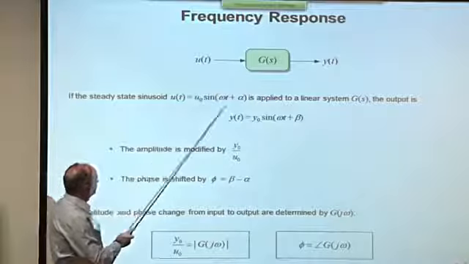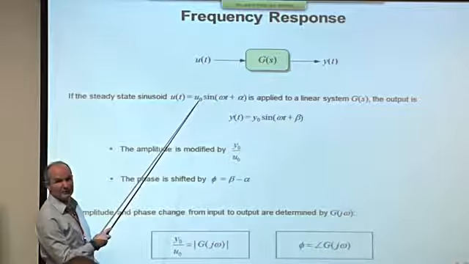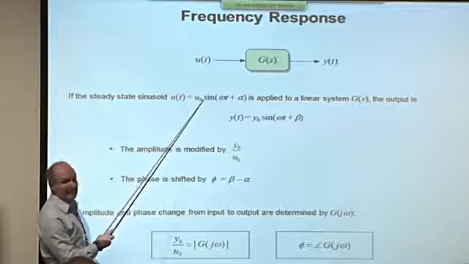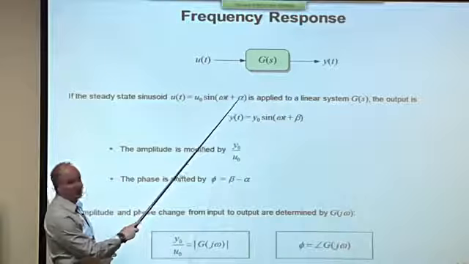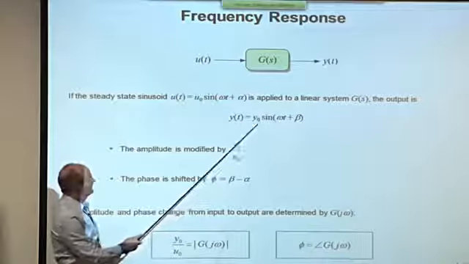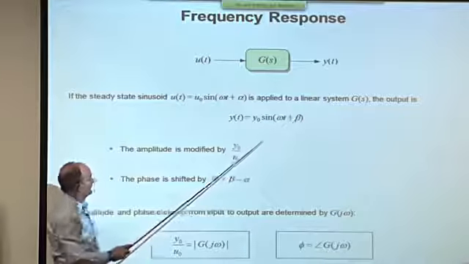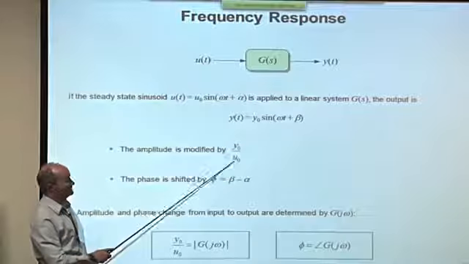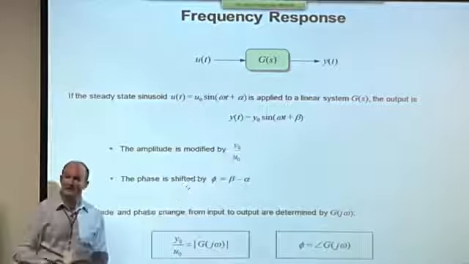So if I subject the system to an input of u0, say u0 is some real positive number which defines the amplitude of the input sinusoid of frequency omega and phase alpha, the output is a sinusoid of the same frequency, but its amplitude may be different, as may its phase. In general, the amplitude change is the ratio y0 over u0, and the phase change is the difference between beta and alpha.